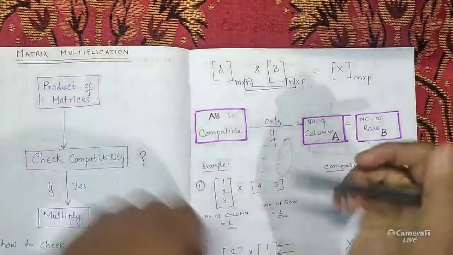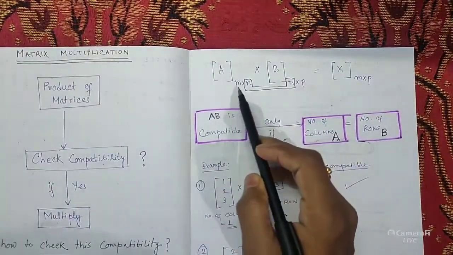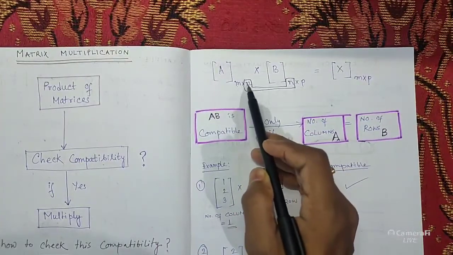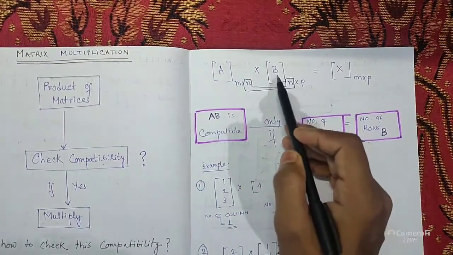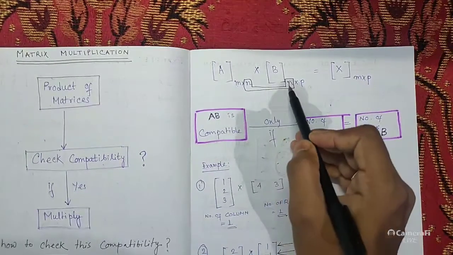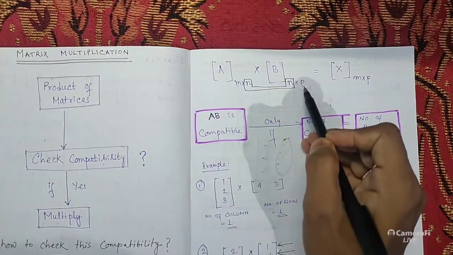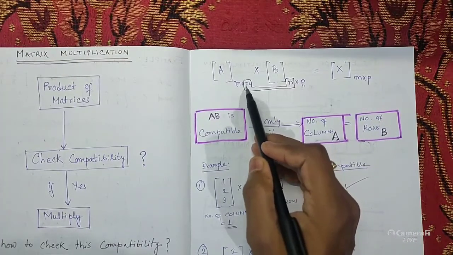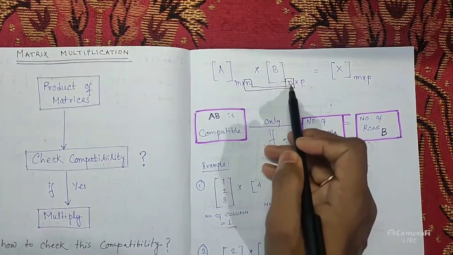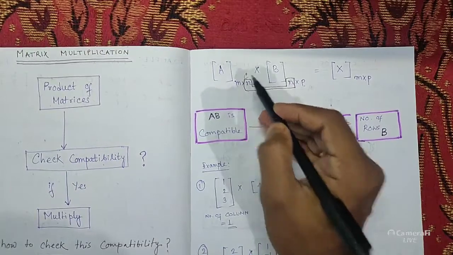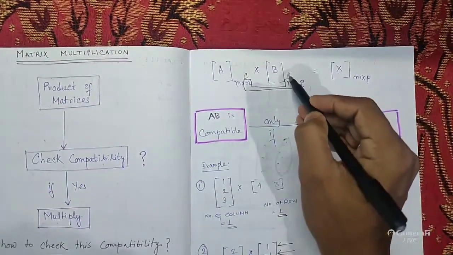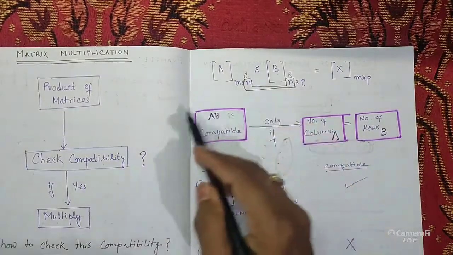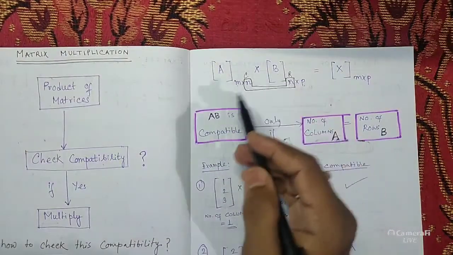Like here, A matrix's order is m by n, that means number of rows m, number of columns n. B matrix has number of rows n, number of columns p. So the number of columns of the first matrix should be equal to the number of rows of the second matrix. Then only we can multiply the matrices.